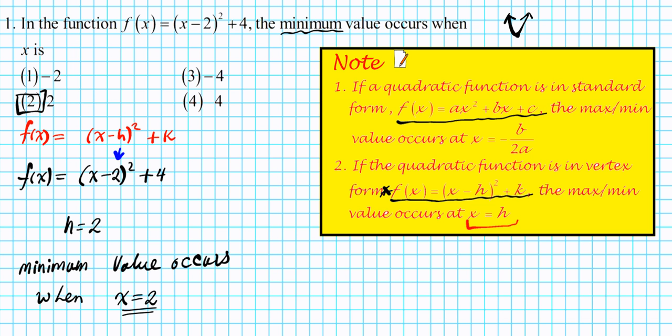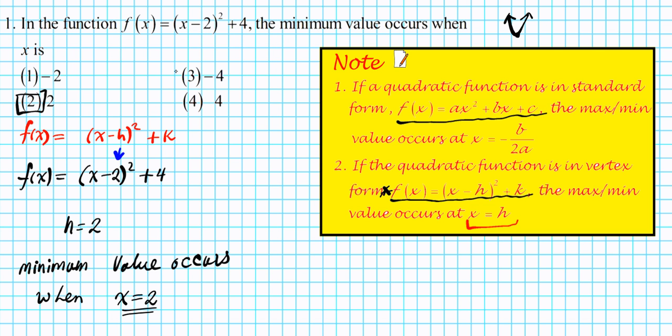Now, what do you think 4 represents? This is just an additional detail. 4 represents the minimum value itself. The minimum value of 4 occurs at x equals 2. So you've got to be really careful to read the question carefully to make sure you understand exactly what it's asking for. Is it the value or where the value occurs?